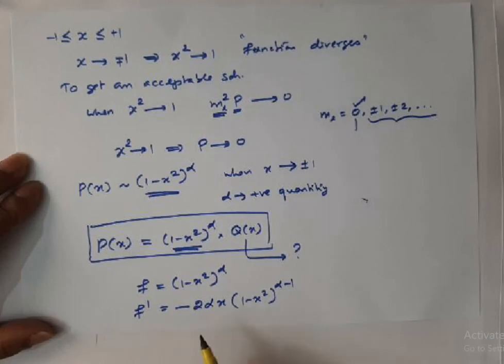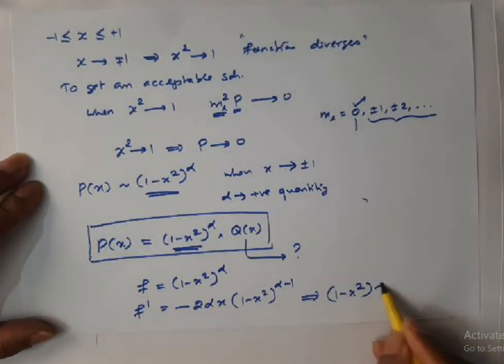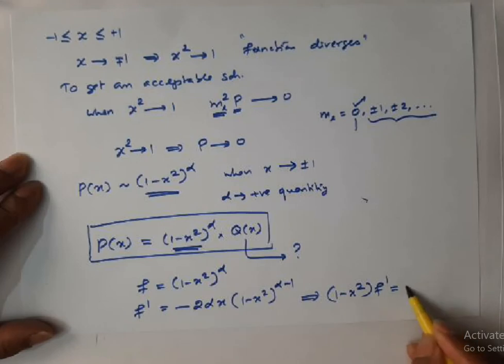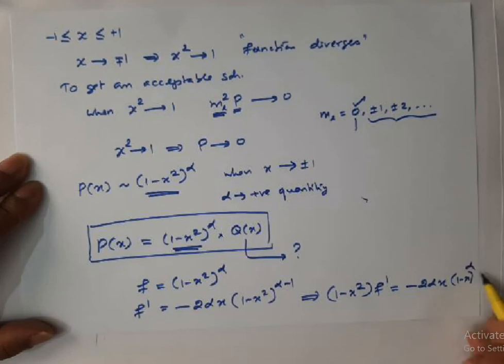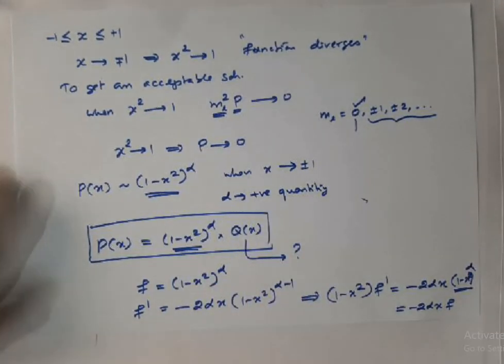If I multiply both sides by 1 minus x square, I'll get (1 minus x square) f dash equal to minus 2 alpha x into (1 minus x square) to the power alpha, which is nothing but f. So this is minus 2 alpha x f. Keep these terms in mind. We will substitute this wherever necessary.